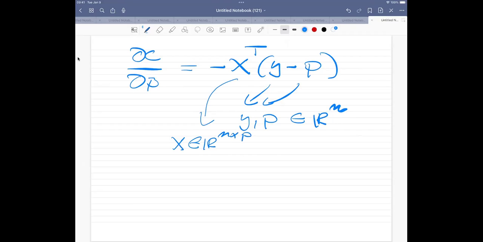And if we take the transpose, it's p times n. That means that this gradient, dC/dβ, is actually a vector of length p, as it should be, as we had in linear regression.